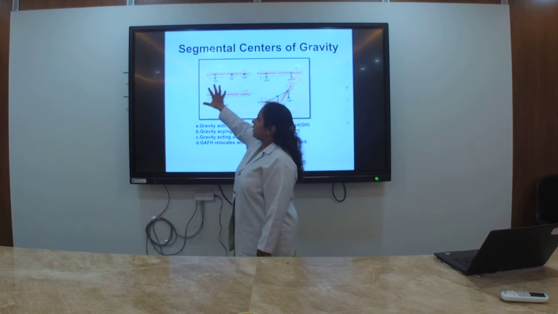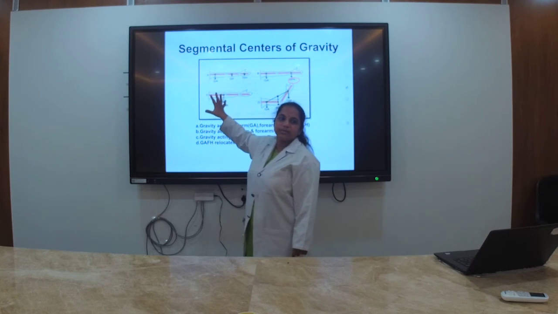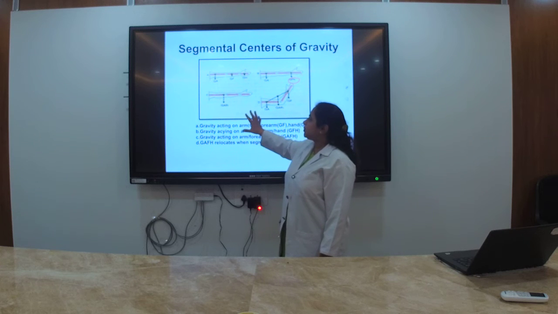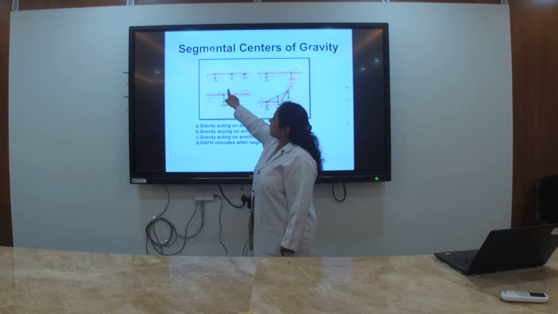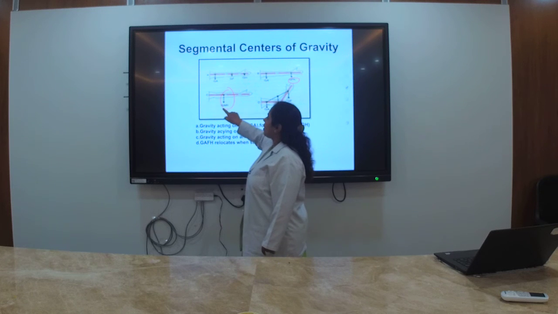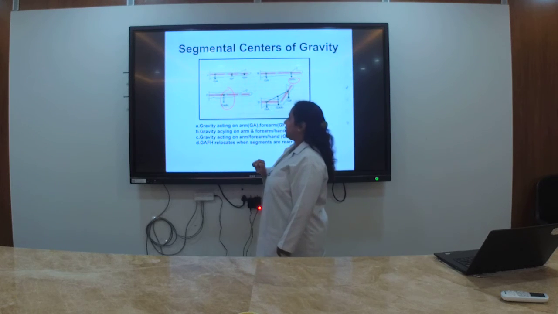Now if the body or this segment is considered as a rigid object, as one single unit, there is only one center of gravity for arm, forearm and hand.